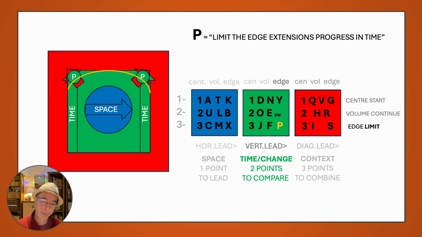In a central position, an in-between position, and a border position. In that way, also with horizontal, vertical, and diagonal leads. This is a complete system that you can analyze, and you can analyze each position and letter from it.